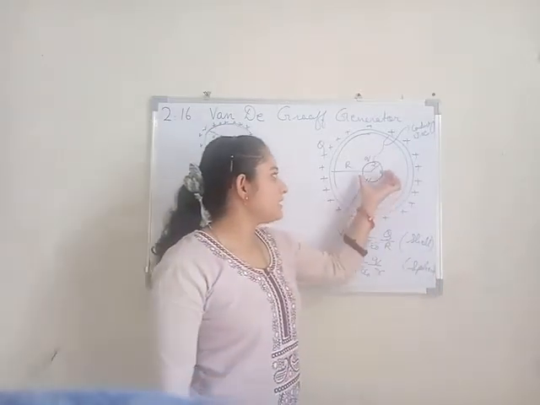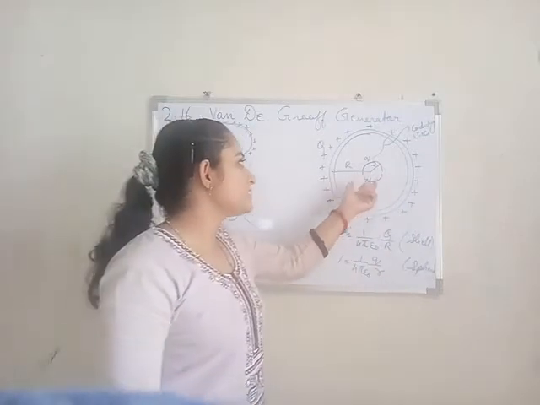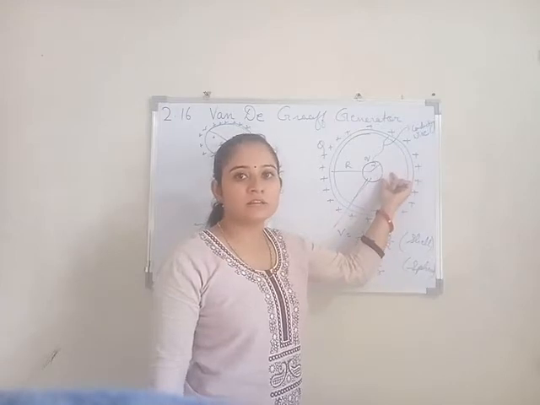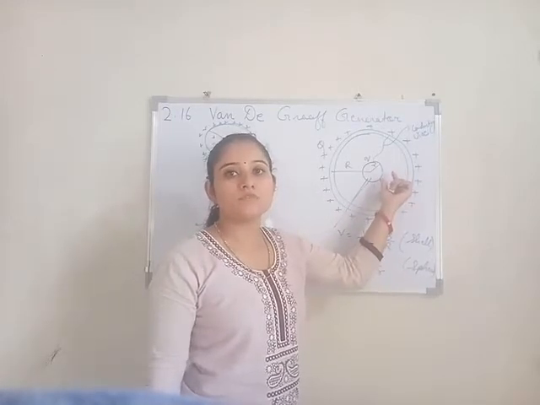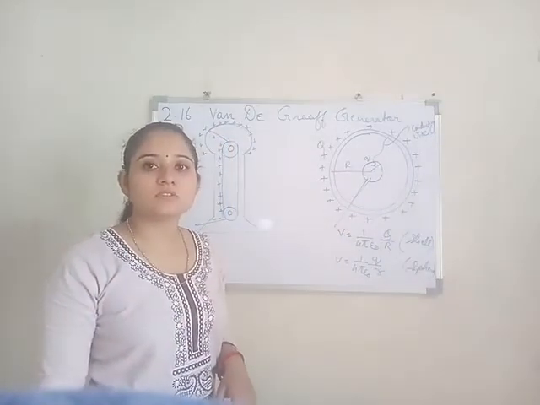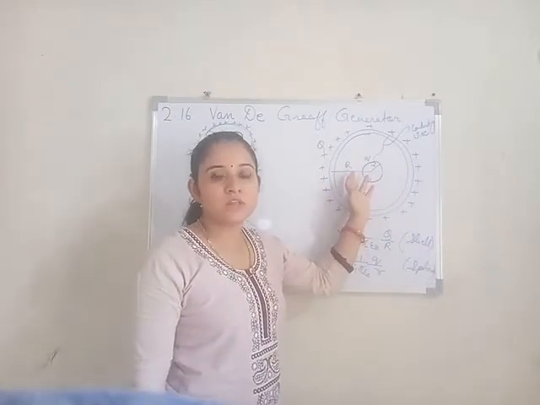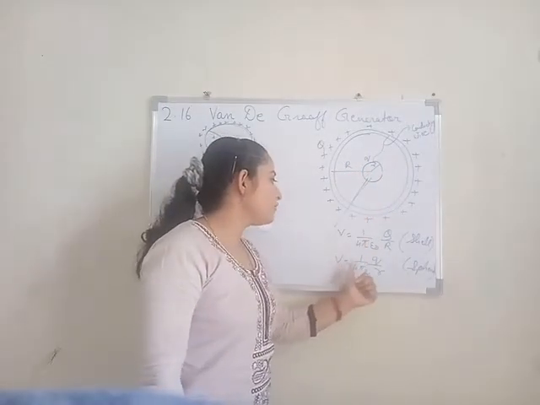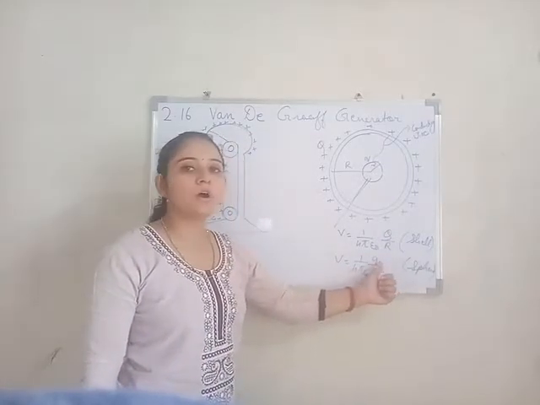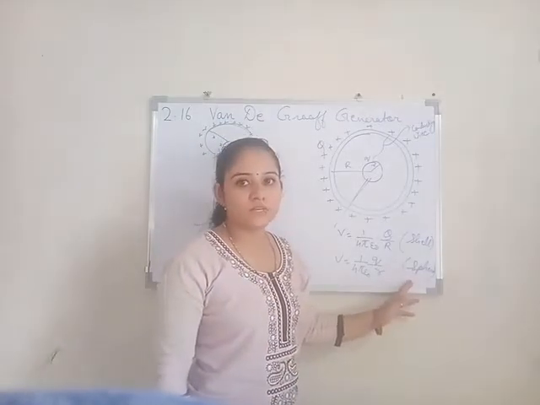Now consider a small sphere, and we will keep this small sphere at the center of this shell, having the radius of small r and the positive charge small q. Then the potential at the surface of this sphere will be V equal to k, that is 1 upon 4 pi epsilon 0, q upon small r. So this is the potential on the sphere.